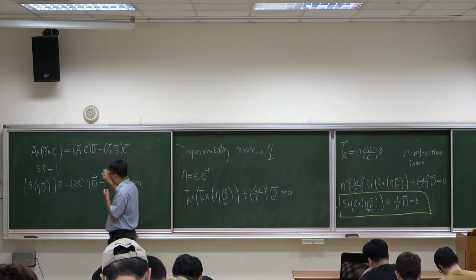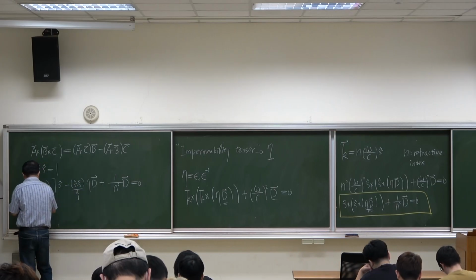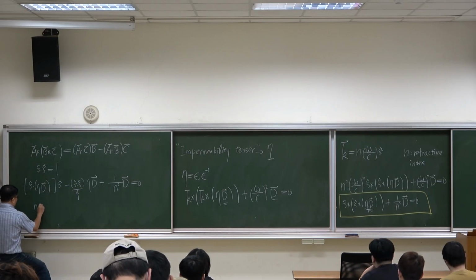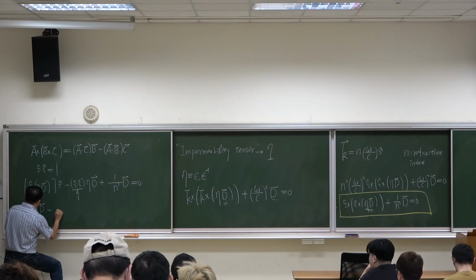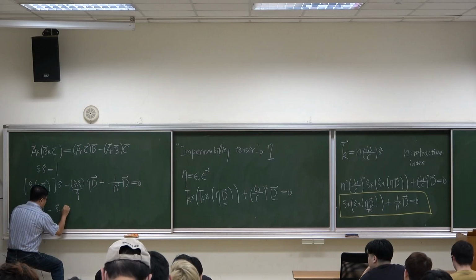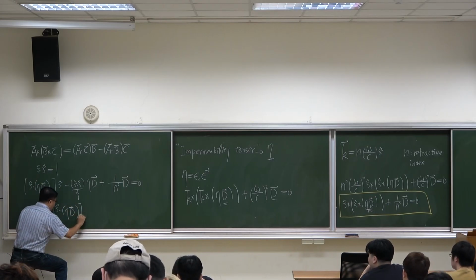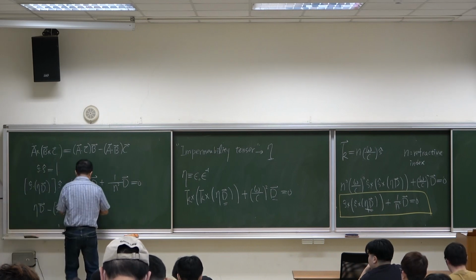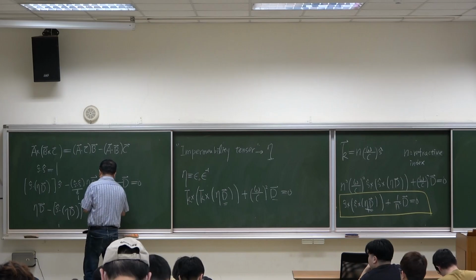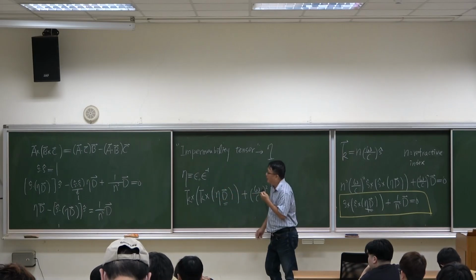Okay, we can rewrite this as eta D minus S dot eta D times S equal to 1 over n squared D. What does this equation describe?